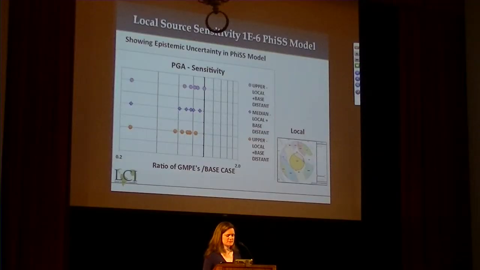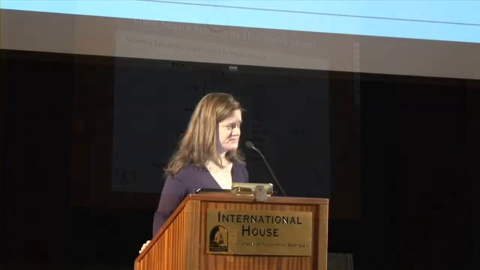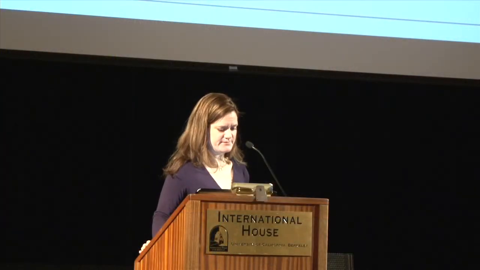Well, I can try to answer that a little bit. This does have the effect of the median and of the tau model, and the only way you can really look at them is if you have a previous base case. When I showed you the very first tornado plot, it showed the sensitivity to the GMPEs. So it kind of gives you an idea of what the epistemic uncertainty is in the models. And then you just have to compare those results to these results.